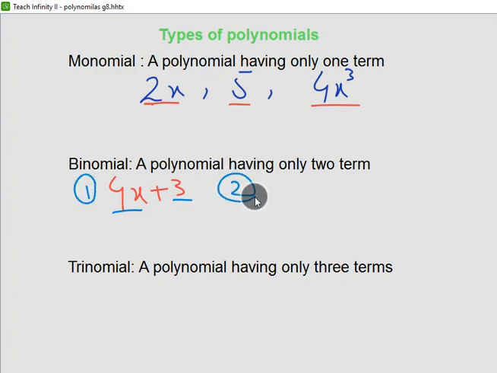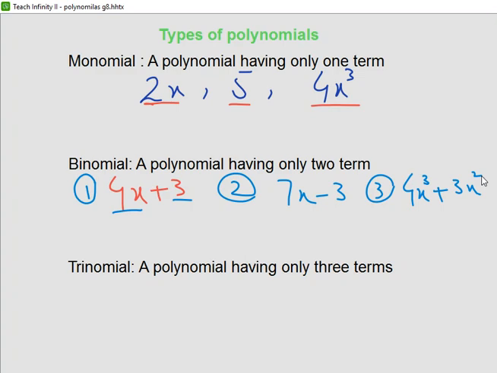Example number 2 is 7x minus 3. The third example is 4x cube plus 3x square. All these algebraic expressions are polynomials, and they are called binomials because they all have 2 terms. All the 3 examples have 2 terms.